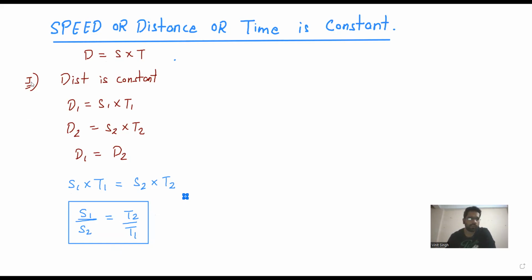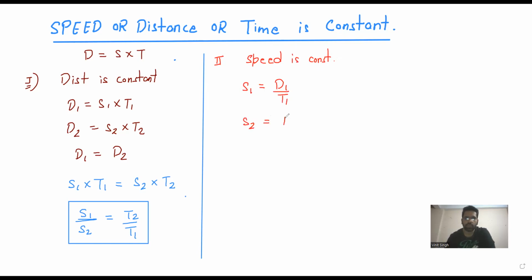Now we will move to the second case, where speed is constant. When the speed is constant, we can write s1 is equal to d1 upon t1, and s2 is equal to d2 upon t2.